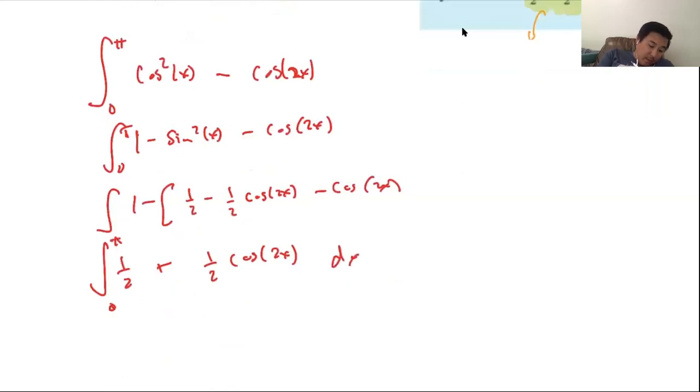So it's 1 half x minus 1 half sine 2x all over times 2 from 0 to pi.